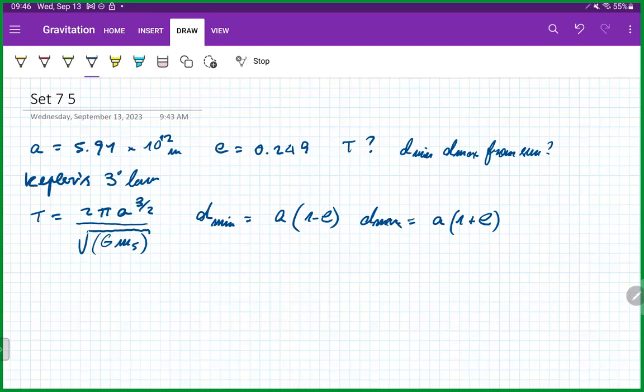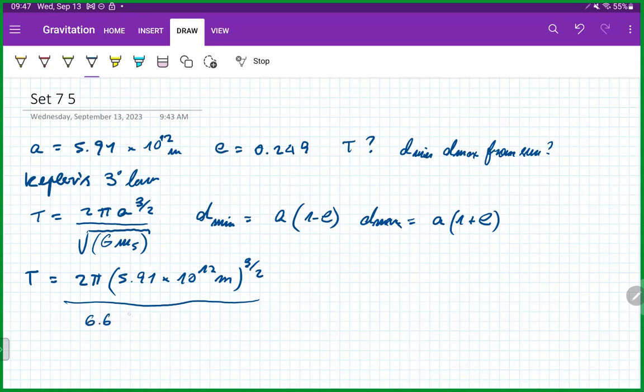So the period, we have to do T equal 2 pi times 5.91 multiplied by 10 to the 12 meters to the 3/2, divided by G, which is 6.67 times 10 to the minus 11 newton meters squared per kilogram squared, times 1.99 times 10 to the 30, right?